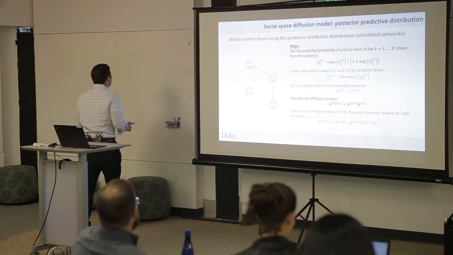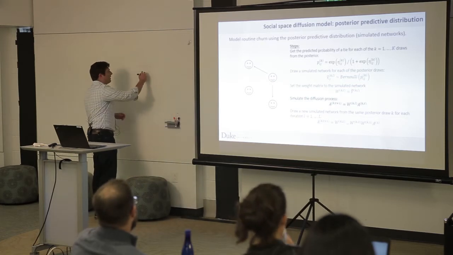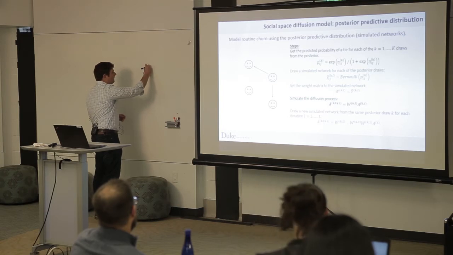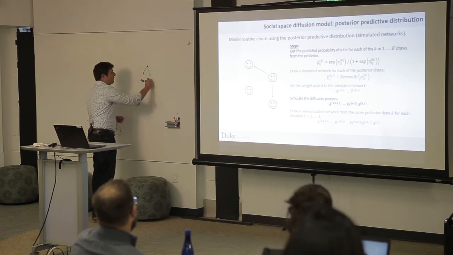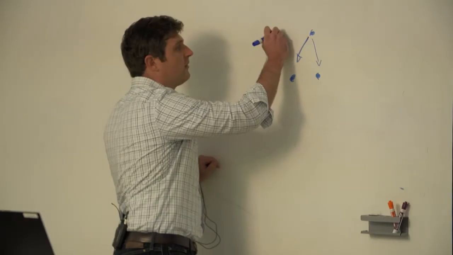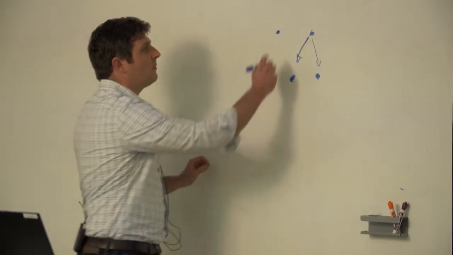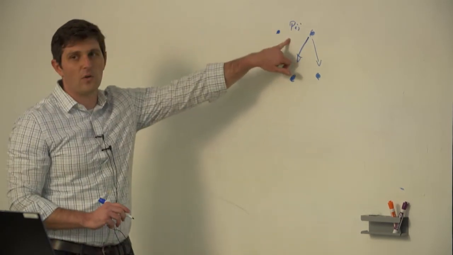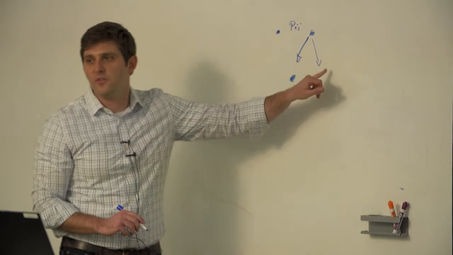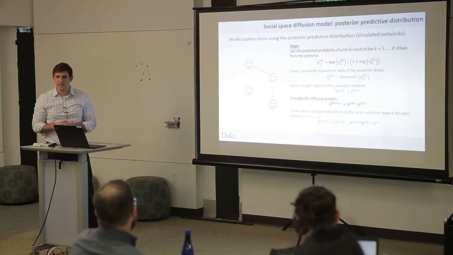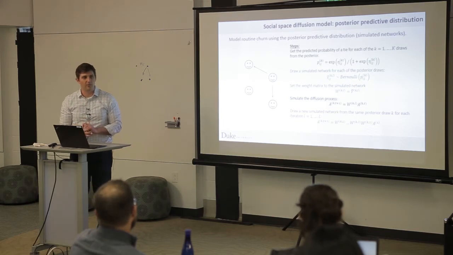But in addition, within the boundary of the network, instead of having two people who are strictly connected to each other and these people who aren't, you're saying, well, maybe there's some predicted probability of whether this is a 0 or 1, and a predicted probability of whether these people are 0 or 1. And maybe that's what we should be thinking of in terms of how likely things are to spread.